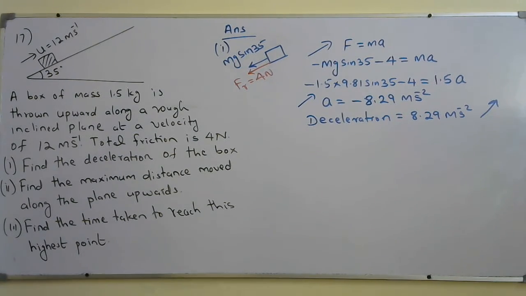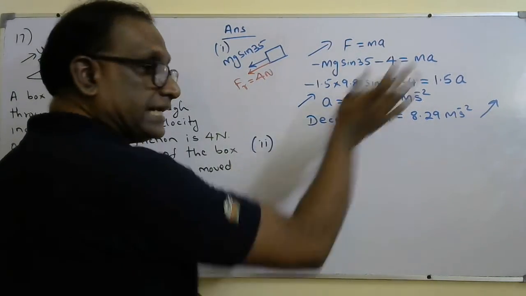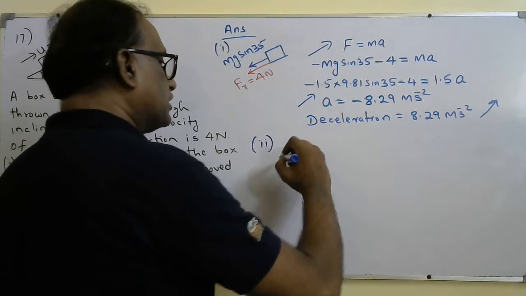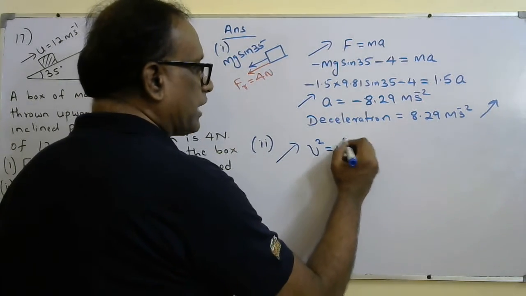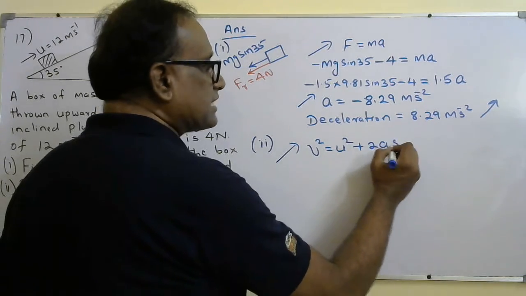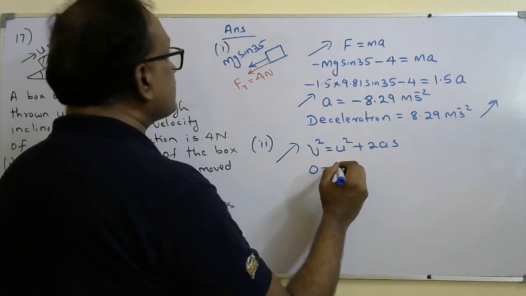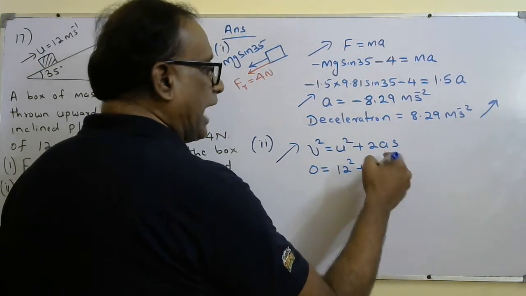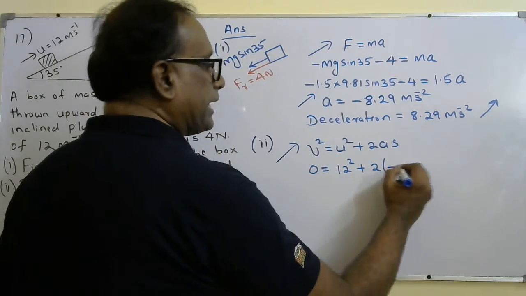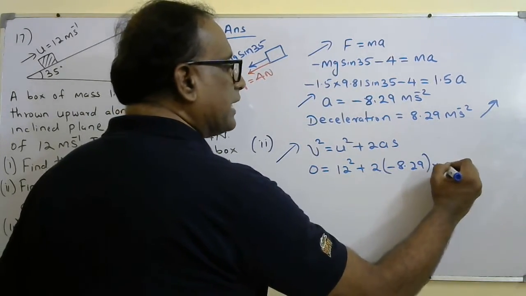Okay, second part, find the maximum distance moved along the plane upwards. I can use equations of motion because it's straight line motion with constant deceleration. Along the plane up, v squared equals u squared plus 2as. The final velocity will be 0 and the initial velocity is 12 meter per second. So 0 equals 12 squared plus 2 into the acceleration along the plane up, minus 8.29, into the distance moved along the plane, let it be d.